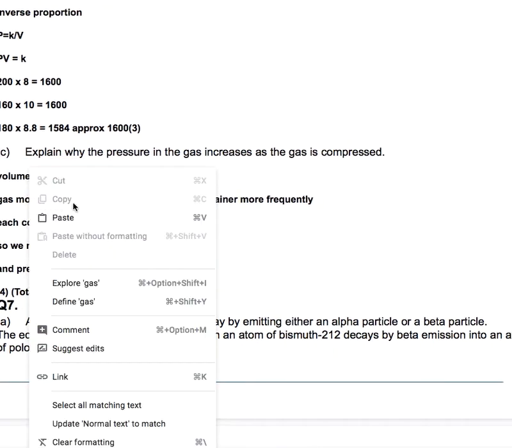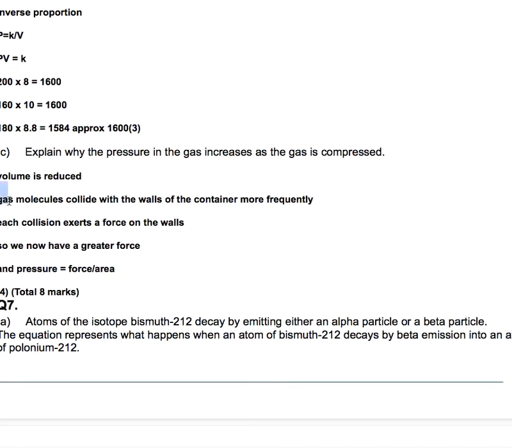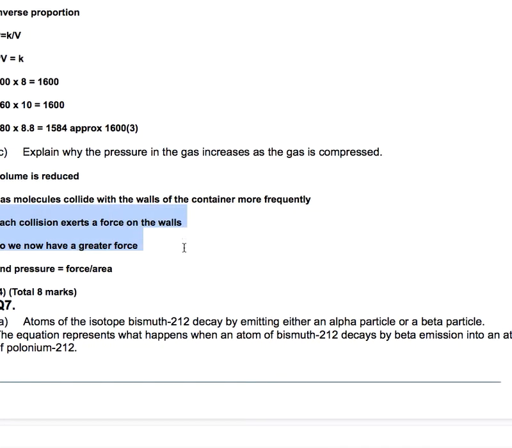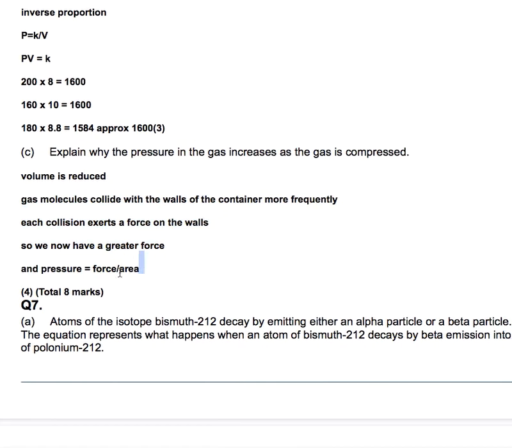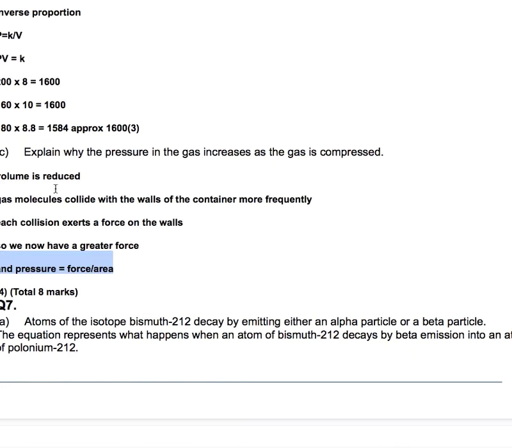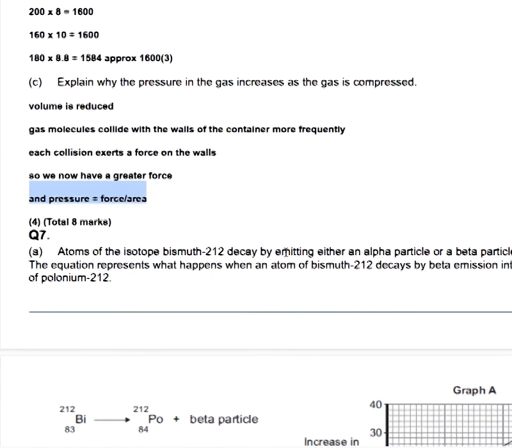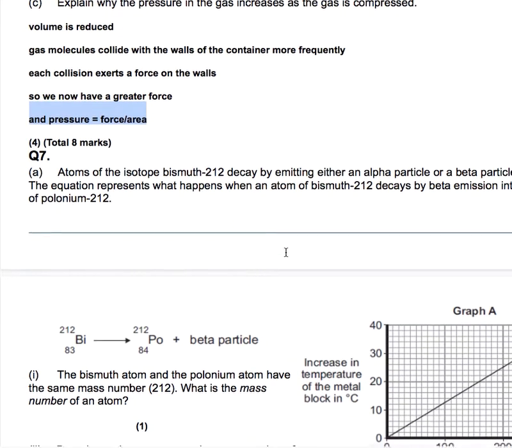Gas molecules collide more frequently with the walls of the container, 1 mark. Each collision exerts a force on the walls, so we have greater force, and pressure is force over area. 1, 2, 3, 4, 5 points. 4 of those for 4 marks.